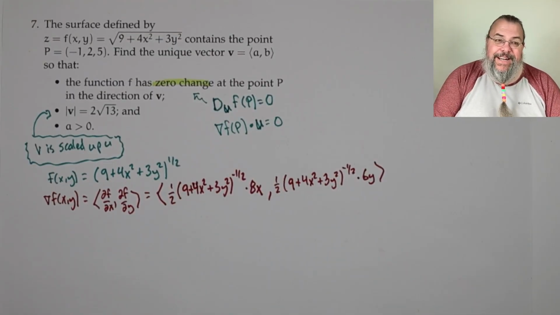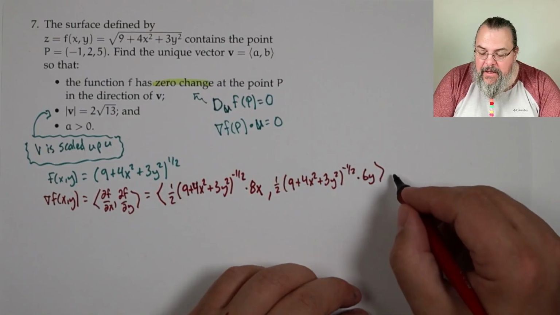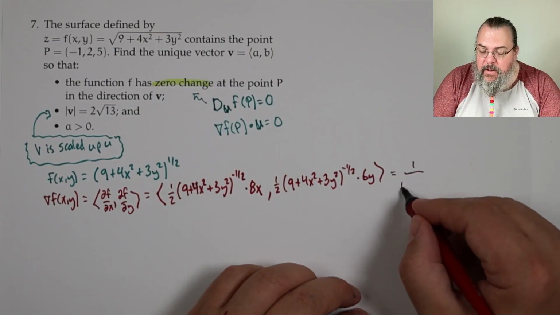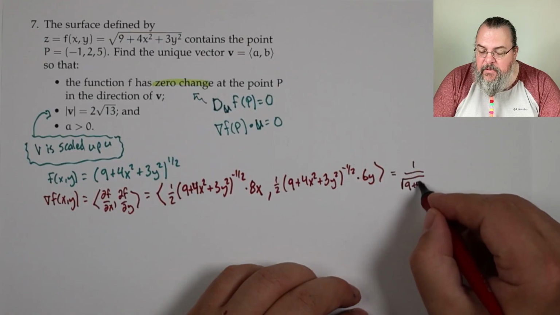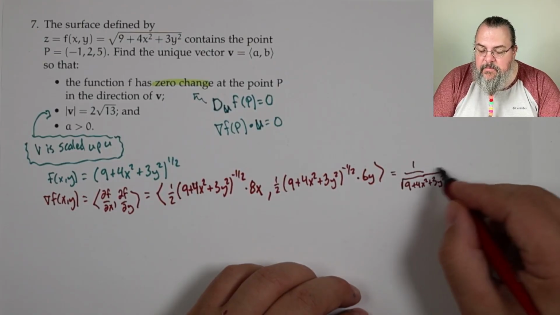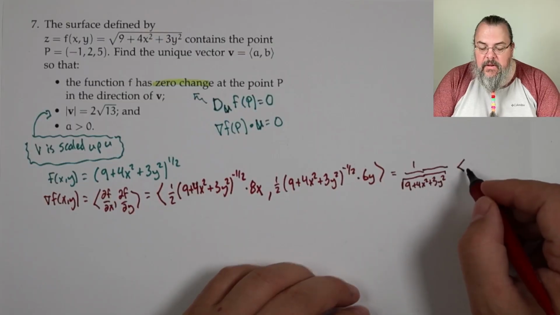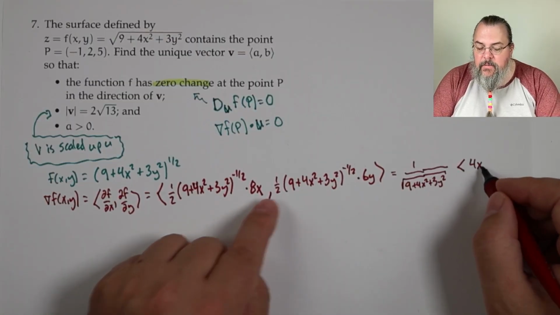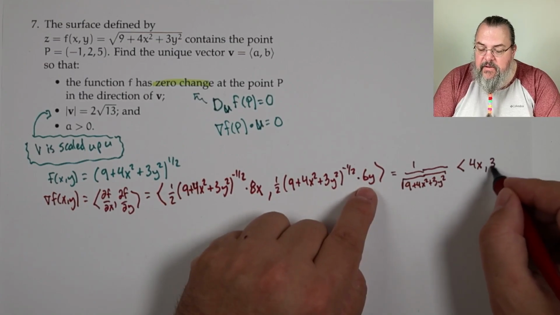We can actually pull that out in front. So this becomes 1 over the square root of 9 plus 4x squared plus 3y squared times, well, 1/2 times 8x makes 4x, 1/2 times 6y makes 3y.